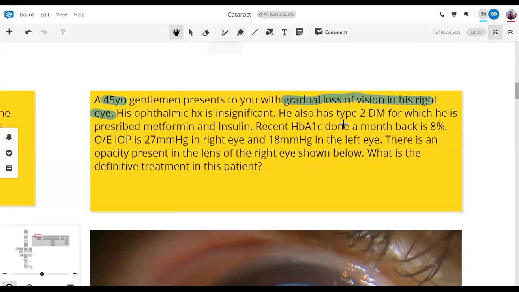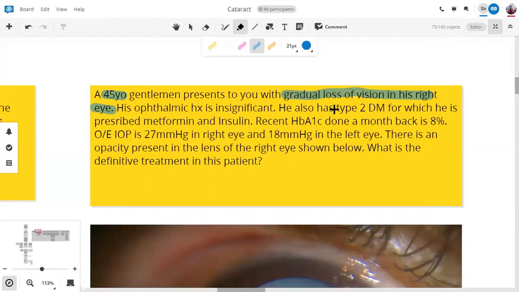But he also has history of type 2 diabetes mellitus, for which he is prescribed metformin and insulin. Standard regimen, all right. Past history is insignificant. ठीक है, कोई ऐसी बात नहीं. This is a clue. His recent HbA1c done a month back is 8.